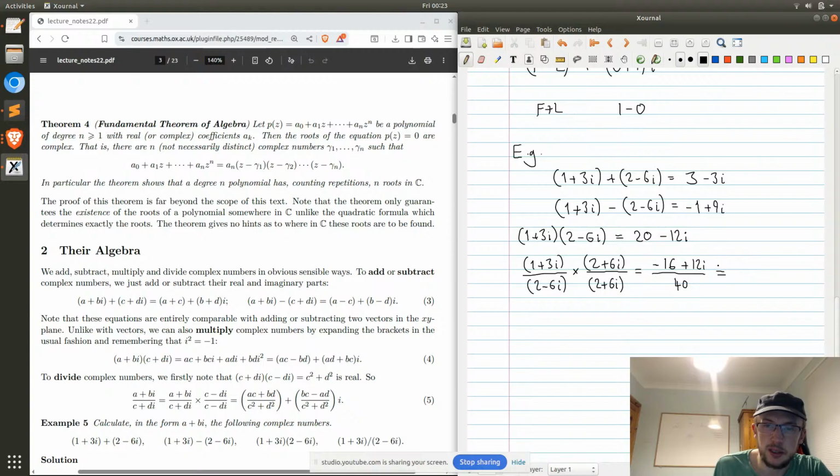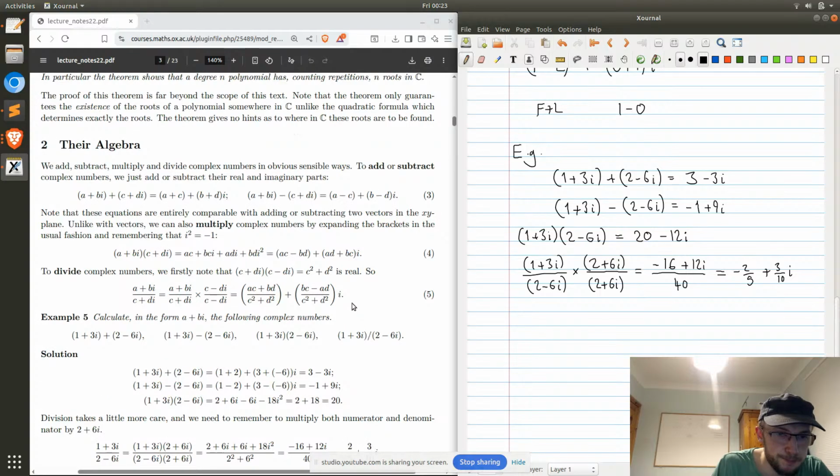So we have minus 16 over 40, which is minus 4 over 10, which is minus 2 over 5. That's the real part. And then 12 over 40, which is 3 over 10. And there's my imaginary part there.